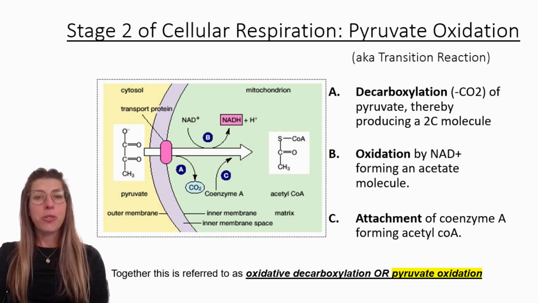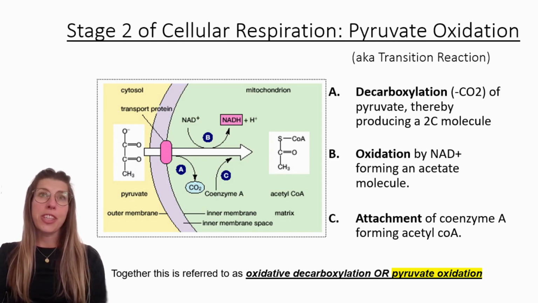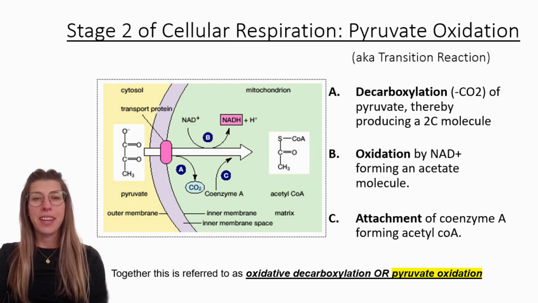So let's talk about stage 2 of cellular respiration. Now, this stage actually has many different names. In our textbook, they call it pyruvate oxidation, so I'm going to stick with that. However, oftentimes this is called a transition reaction. There's only one main purpose, and it's to transform the pyruvate through pyruvate oxidation.